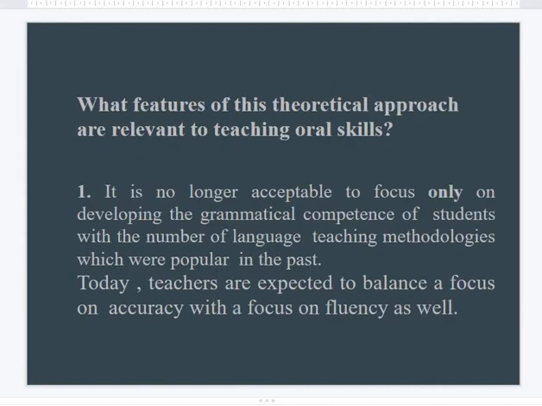So the question arises, what features of this theoretical approach are relevant to teaching oral skills? Let's talk about the features of this approach which are relevant to teaching oral skills. The first point is that it is no longer acceptable to focus only on developing the grammatical competence of students, as with a number of language teaching methodologies which were popular in the past.